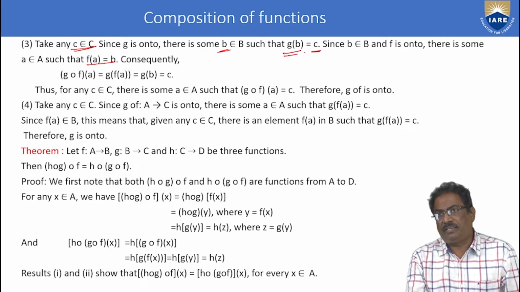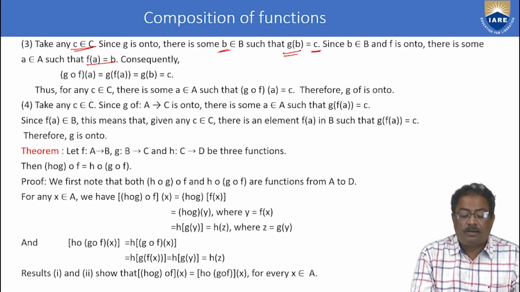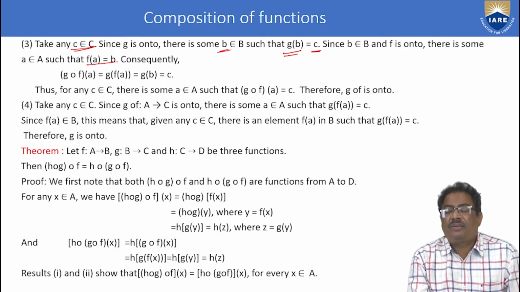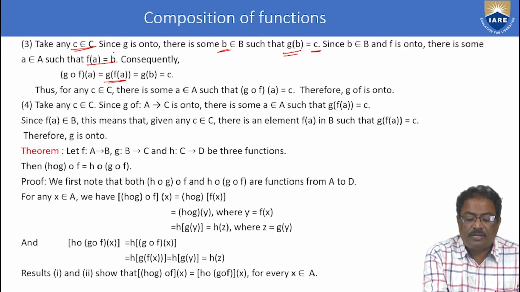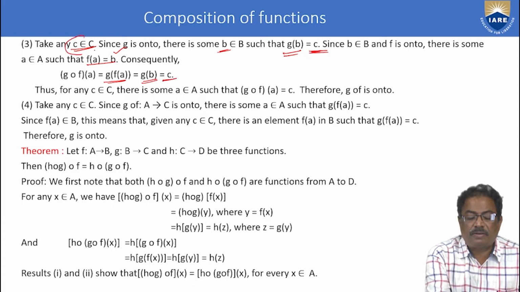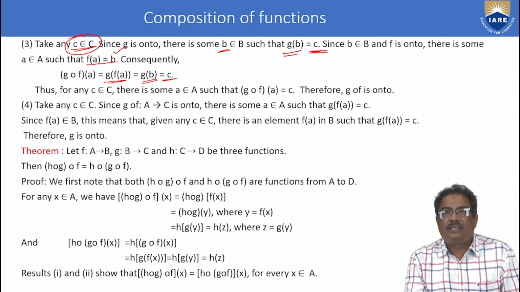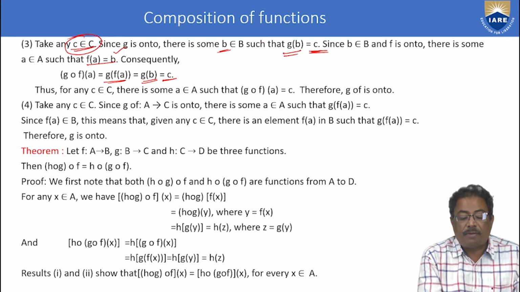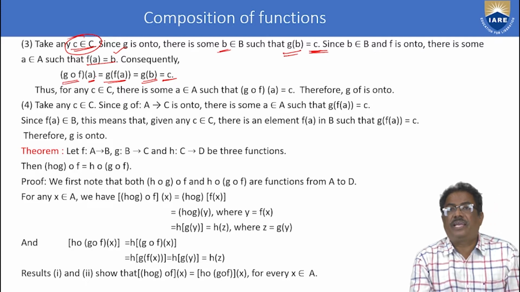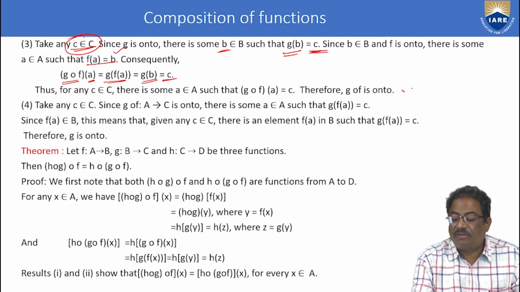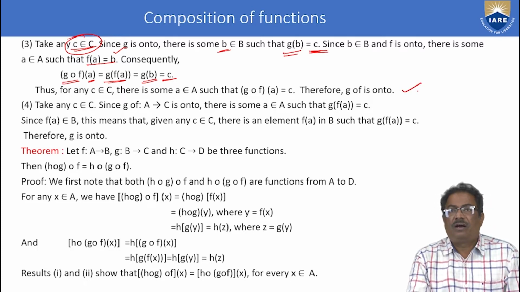So g of b is equal to c. Now we have to prove that g of f of a is equal to g of b, since f of a is given as b, and g of b is given as c. So I can say that any element, if I consider c belongs to C, then definitely it has a pre-image under g of f. So that pre-image is a. So we can say that g of f is onto.